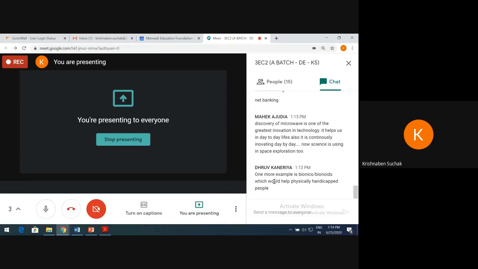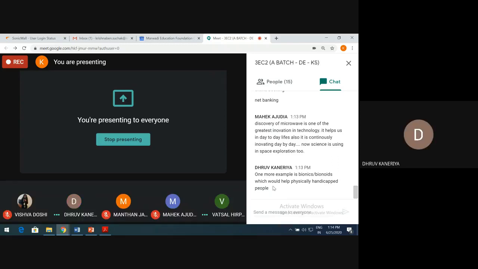Dhruv has given an example of bionics or bionoids, which would help physically handicapped people. Dhruv, can you please elaborate on it? Yeah, ma'am. For example, if one cannot stand or run or walk, then bionics would replace their legs with the technology we have.